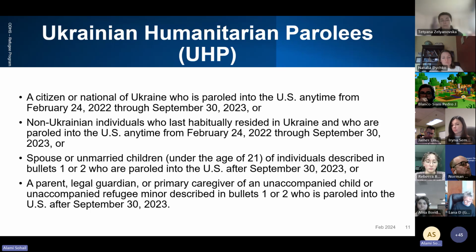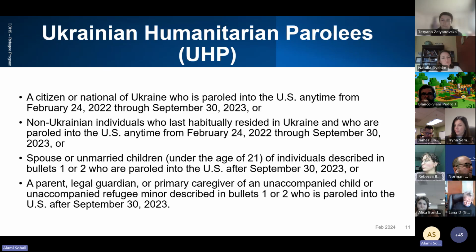Again, it's really important that the person who was paroled originally was paroled during that time frame, and then that relationship is established. Also, regarding non-Ukrainian individuals who last habitually resided in Ukraine, if they have the code U for U on their passport or on their travel document, then they don't need to establish that they last habitually resided in Ukraine.